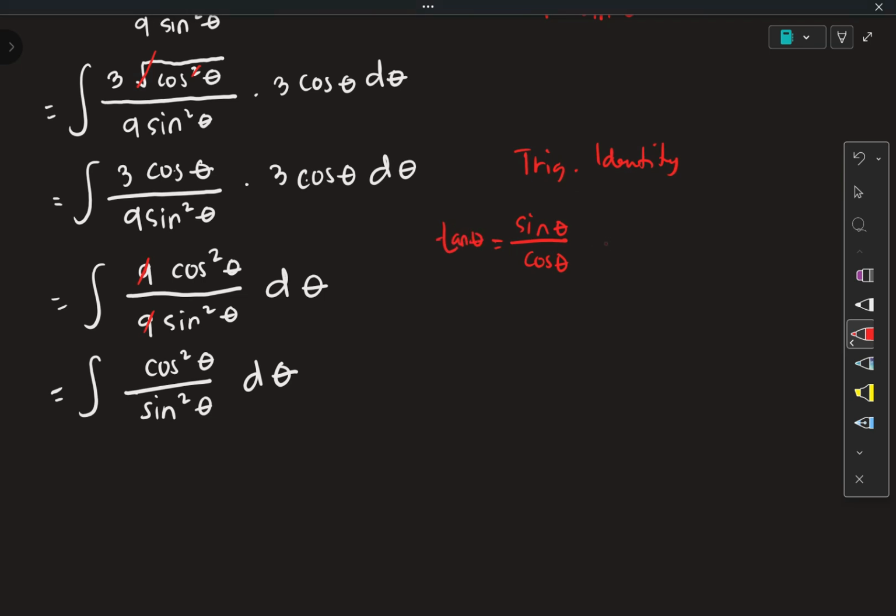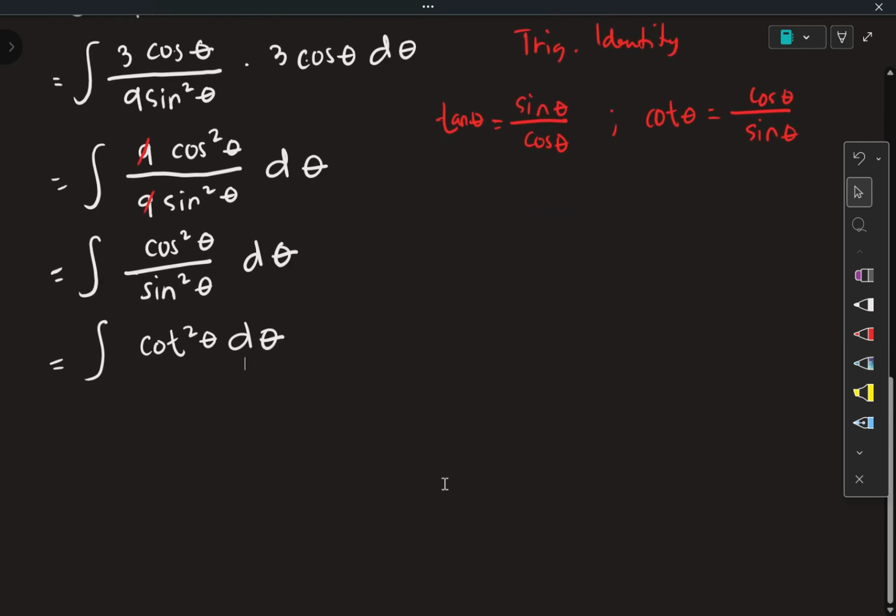Since cotangent is the reciprocal of tangent, cotangent theta is equal to cosine theta divided by sine theta. That is just a basic trigonometric identity. Therefore, we can rewrite this as the integral of cotangent squared theta d theta.